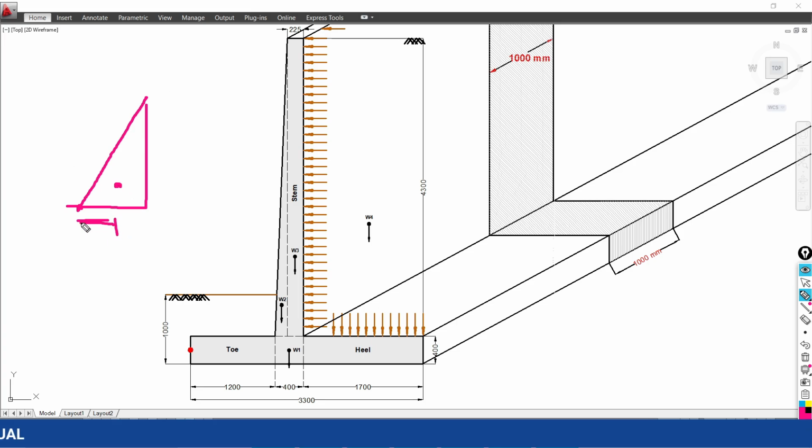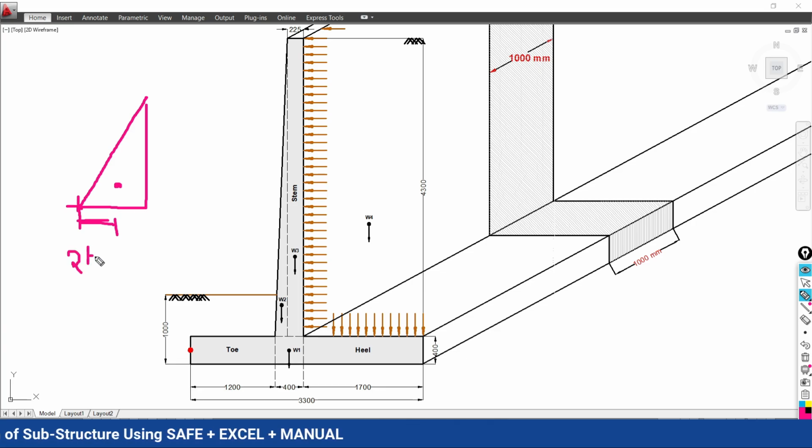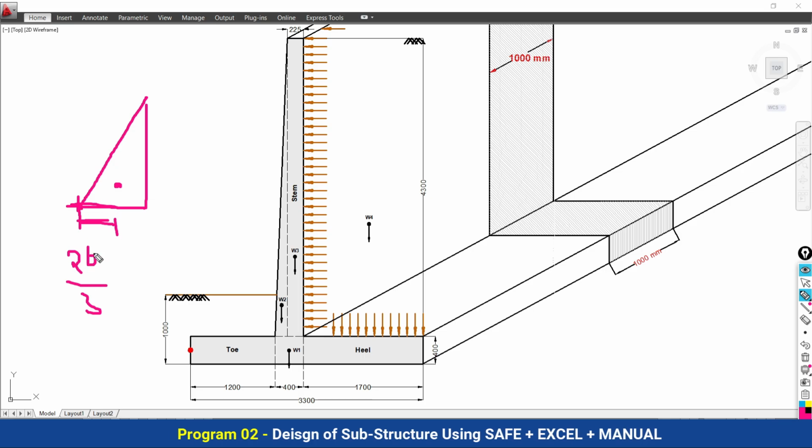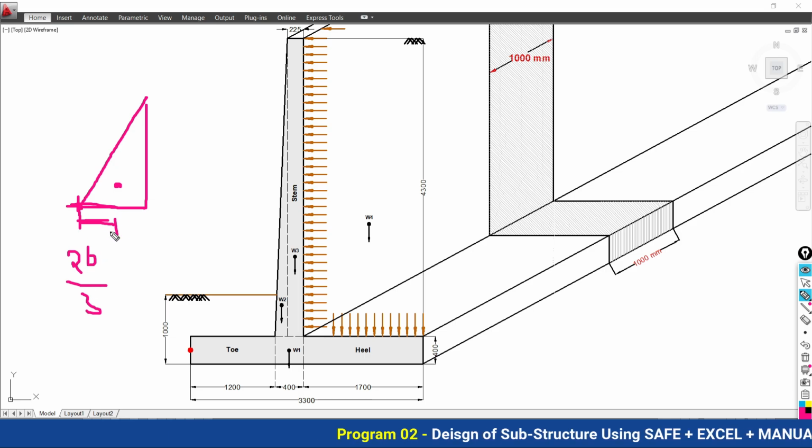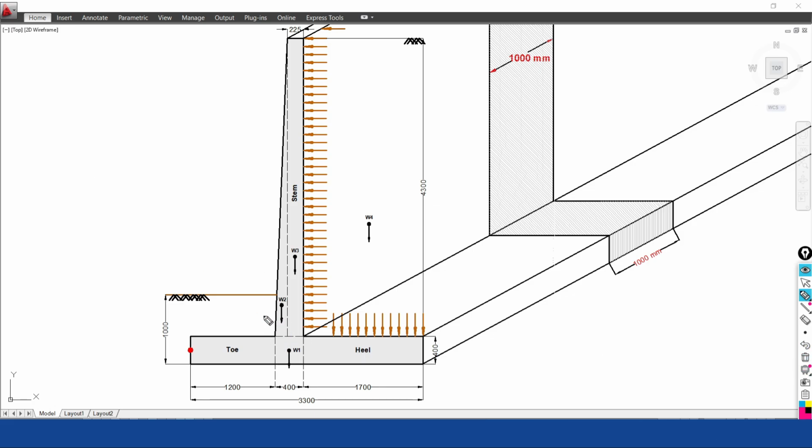Counting from this point, it is going to be 2 times base by 3. So you come to the point of the centroid. This distance you know, but we are doing the calculation from this point, so we have to measure it from here.